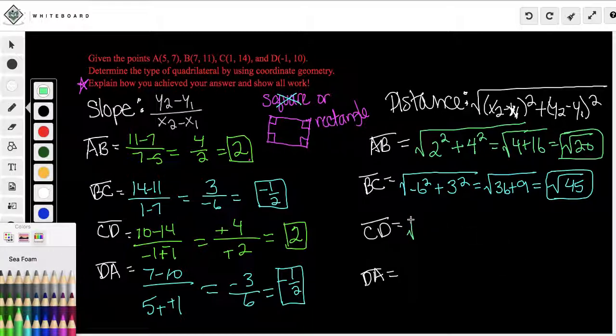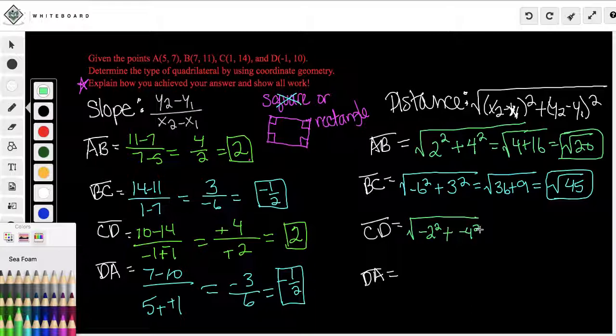So CD, we need our change in x, which is going to be on the bottom here. Negative 1 plus negative 1 is negative 2 squared, plus, then on the top here we had 10 minus 14, and that came out to negative 4. Remember, I changed these to positive later, so we just got to look at the whole thing.